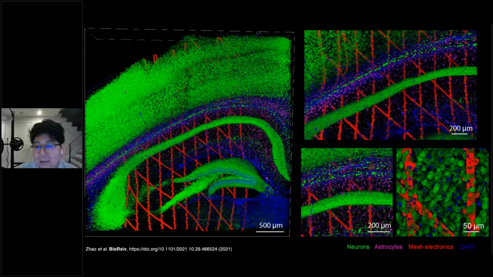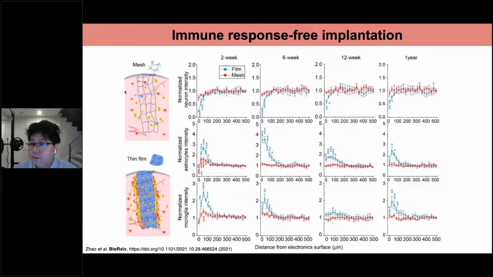We tested that over year-long recording and compared it with other state-of-the-art thin film brain electronics: this unfolded mesh nanoelectronics shows almost no immune response and no degradation of the neurons after 6 weeks of implantation. And over this year-long implantation, there is still no proliferation of immune cells or any degradation of the neurons.